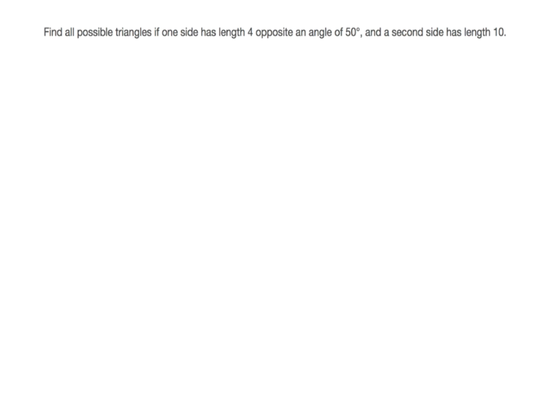Okay, find all possible triangles if one side has a length 4 opposite of an angle 50 degrees, and a second side has a length of 10. Okay, so let's see.